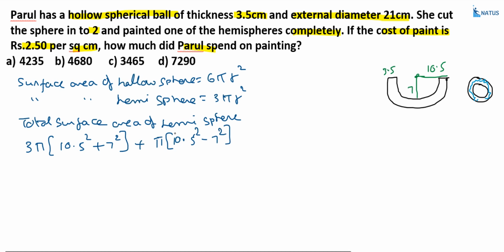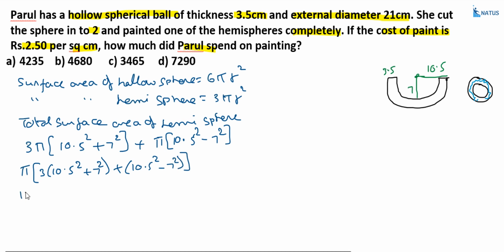If you solve this equation, then you will get the value of the total surface area. Now you will multiply the total surface area with 2 rupees 50 paise, then you will get the required answer. Now, if you solve this one, we will take pi as common: pi into 3 into 10.5 square plus 7 square, plus 10.5 square minus 7 square, right?